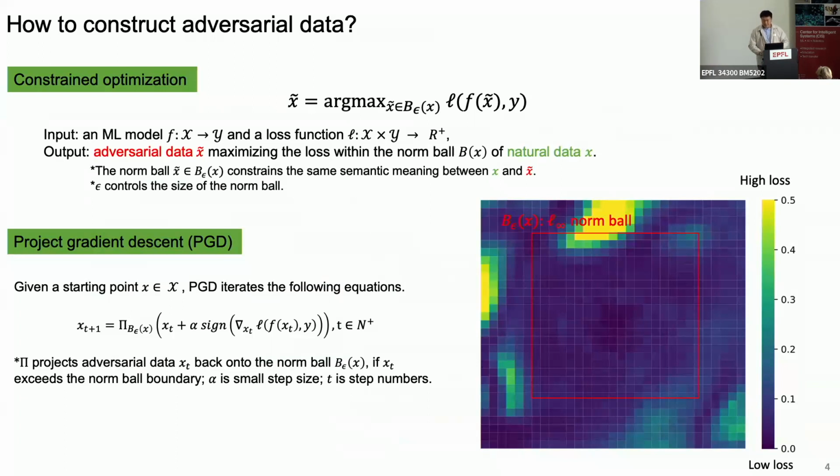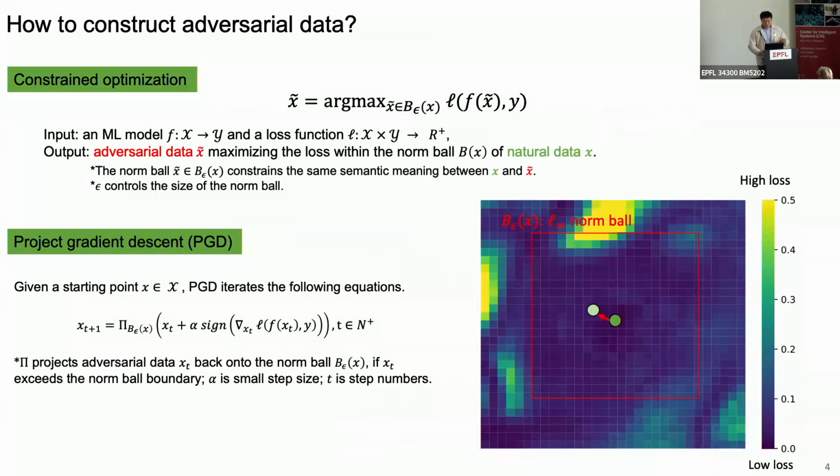Projected gradient descent, PGD, approximately solves the constrained optimization problem. Given a starting point, PGD calculates the gradient of its loss function with respect to the input. Gradient is a direction pointing to a place with a slightly larger loss.